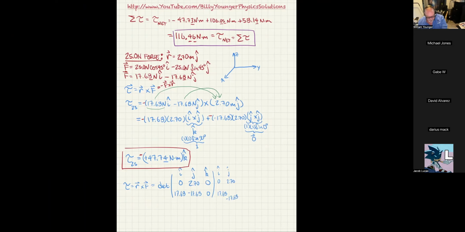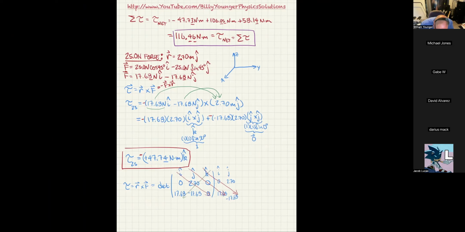So if I do the top left to the bottom right, this one gives me 0 because I times 2.7 times 0 is 0. This one also gives me 0 because there's a 0 in that one. And then this one also gives me a 0 because of the 0 under the I hat. Now I'm going to do minus, which I'll do with green.